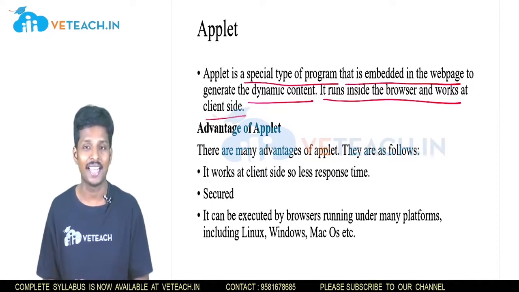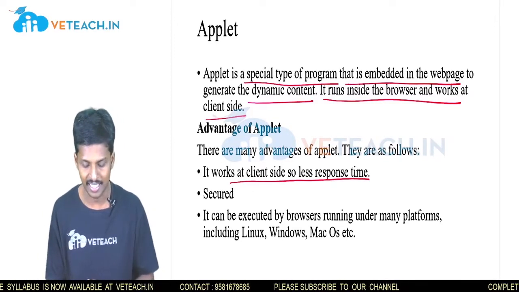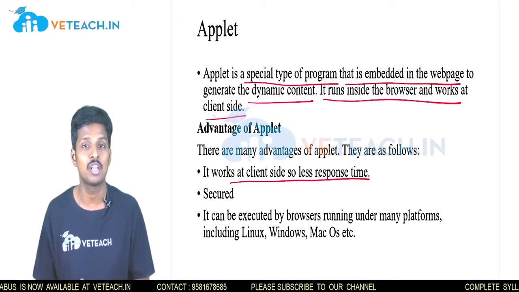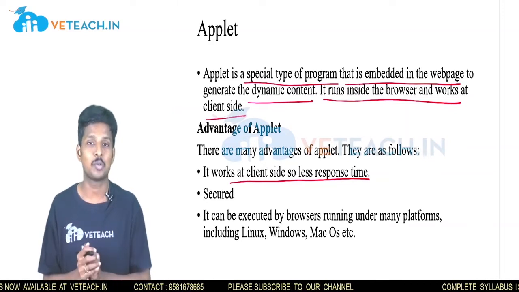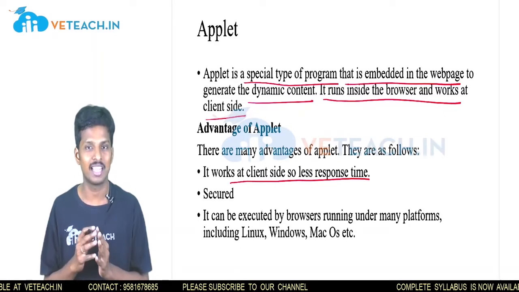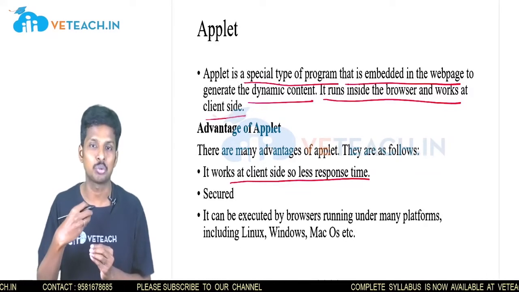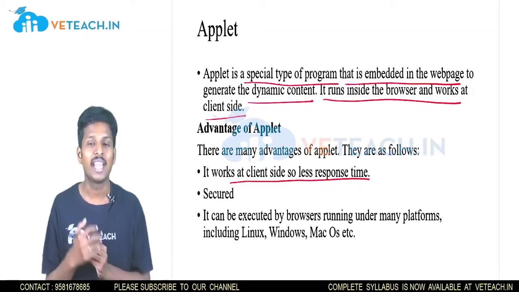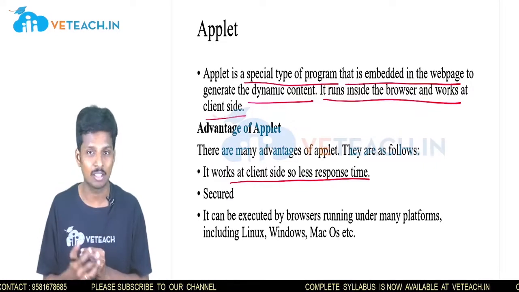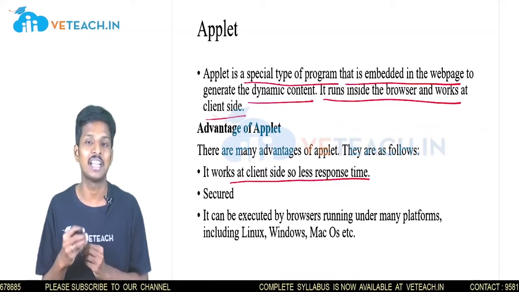Now, what are the advantages of applets? There are many, and some of them are listed here. It works at the client side, so there is less response time. Why? Whenever a client wants data from the server, it has to create a request and send it through the network to the server. If the server is busy with other operations, the client's request will be in a waiting state for some time.